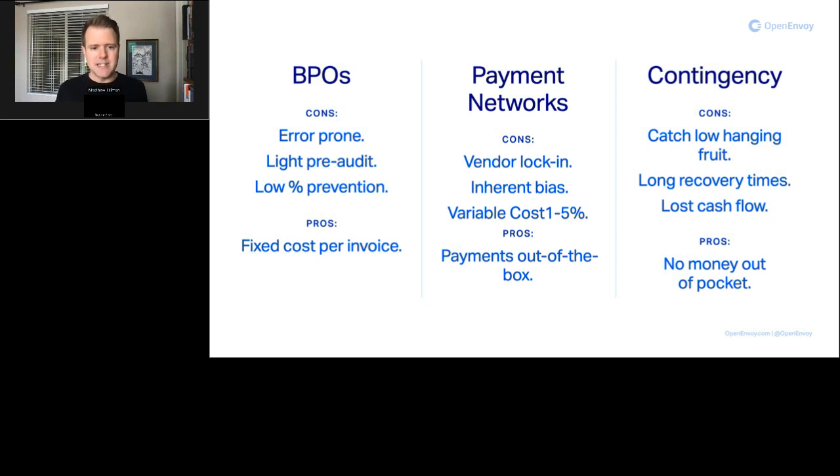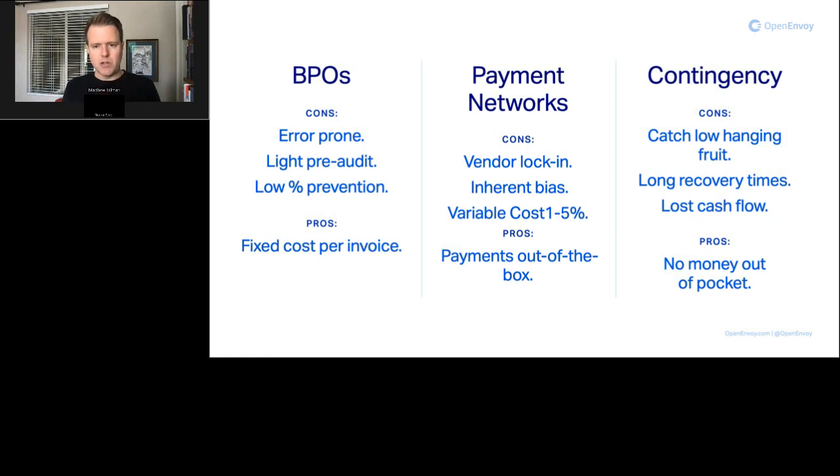And then finally, contingency. Contingency is like a really cool concept. You pay no money. You give me all of your invoices, and I'm going to go out to all of your vendors and ensure that they're compliant. But what that really means is I'm going to get the low-hanging fruit first, because I'm doing this with humans, and I'm not going to spend more than I absolutely have to in order to capture the bulk of the low-hanging fruit.